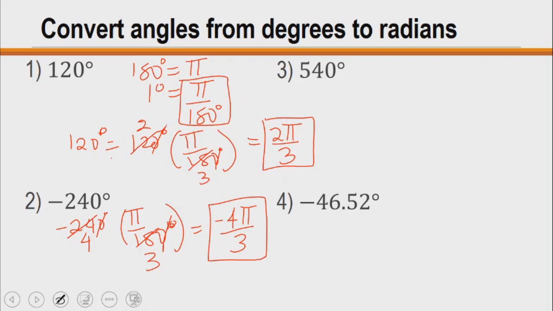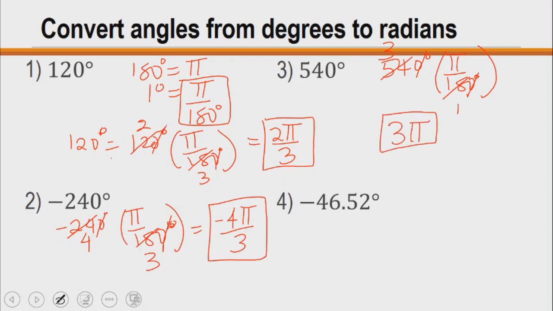For the next one, 540 degrees multiplied by pi over 180 degrees. Again, you can see that 10 cancels 10, and 18 goes into 54, that will be 3. So 540 degrees will be 3 pi. And for negative 46.52 degrees, you still multiply by pi divided by 180 degrees.